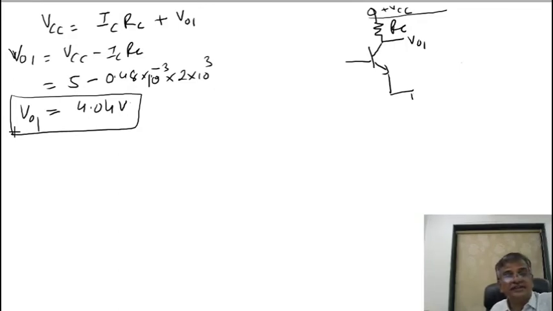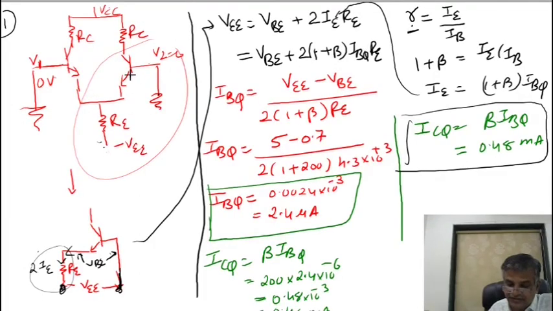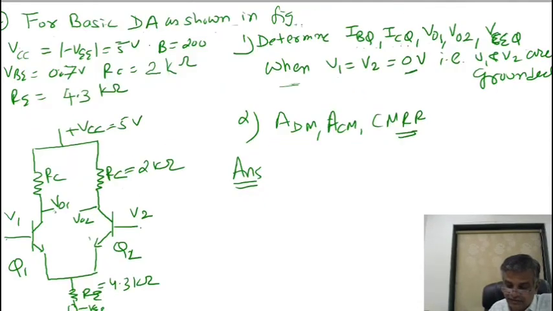And both the transistors we have taken are symmetrical. These and these, both are symmetrical. This transistor and this one are both symmetrical. So I can write VO1 and VO2 are equal.